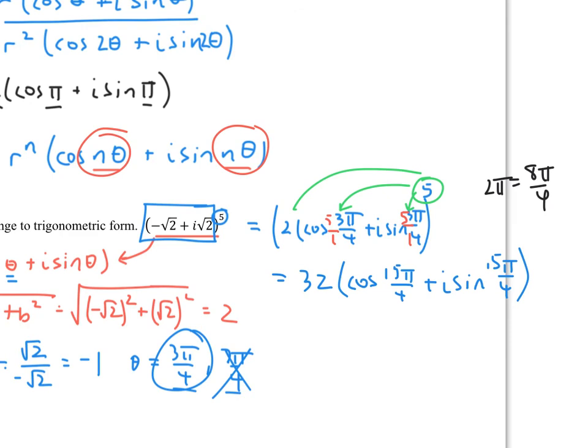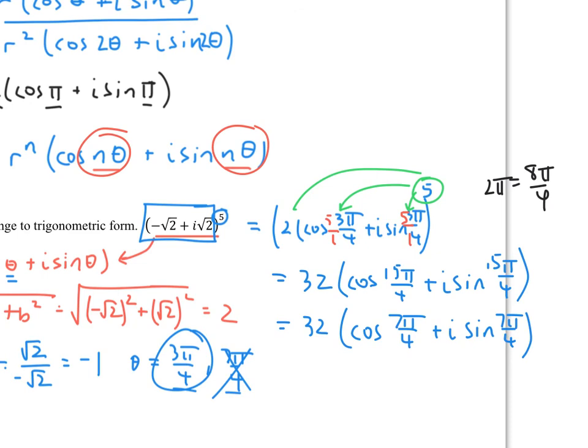What's 15 pi over 4 minus 8 pi over 4? 7 pi over 4. So now it's the same thing as cosine of 7 pi over 4 plus i sine of 7 pi over 4. Remember, you have to be able to possibly simplify some of these, because when you start multiplying, squaring or raising numbers to other powers, they will get big.